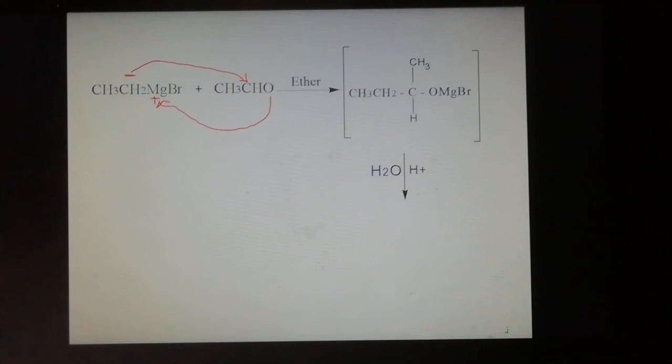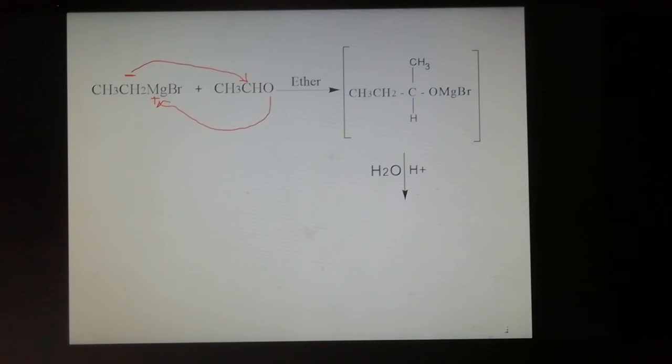In the presence of ether, the nucleophile attacks the carbonyl carbon. Then the oxygen, being more electronegative, forms an intermediate compound CH3CH2CH(CH3)OMgBr, followed by acid hydrolysis.